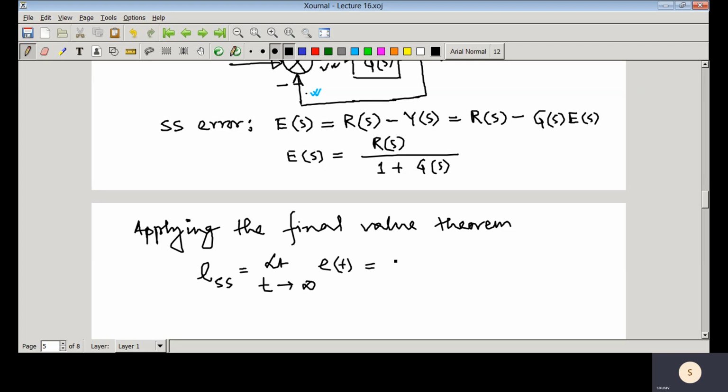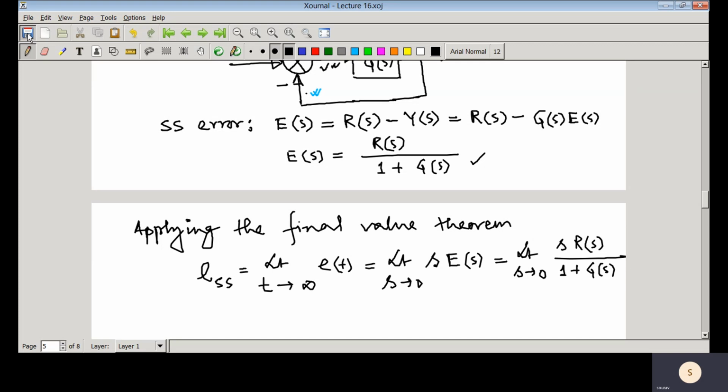So that means if you apply final value theorem here, that is limit s tends to 0 s E(s). So now we get that E(s) is this one, so that is limit s tends to 0 s, and in place of E(s) I am writing that R(s) divided by 1 plus G(s).